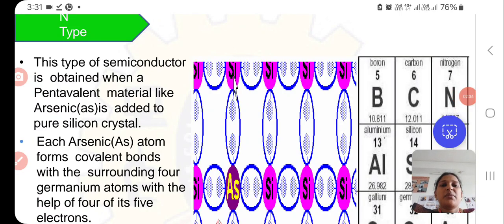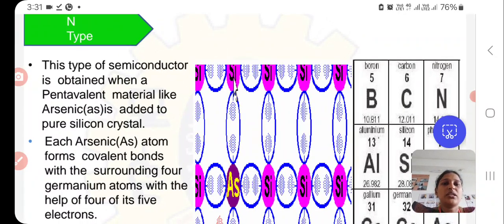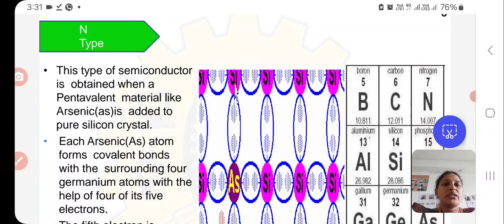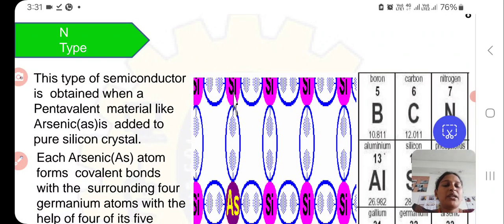We have P-type and N-type material, which together form the PN junction diode, which is the same for an LED also. Here the N-type material is a type of semiconductor obtained from a pentavalent material like arsenic, which is added to a pure silicon crystal.